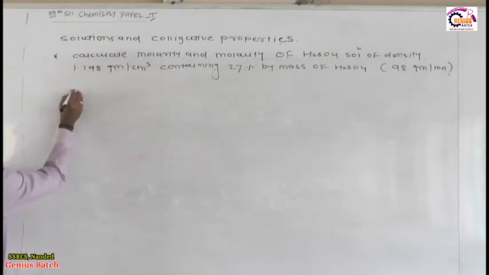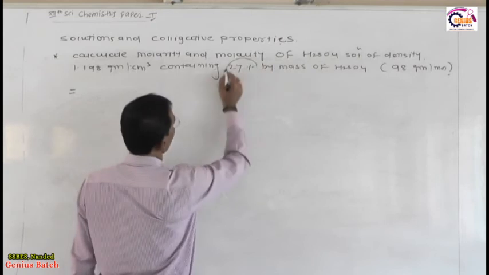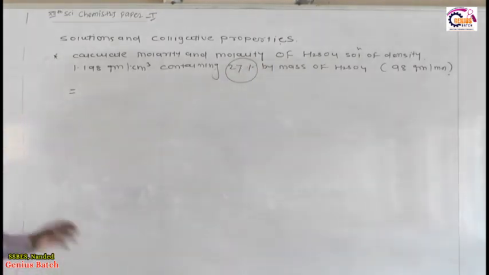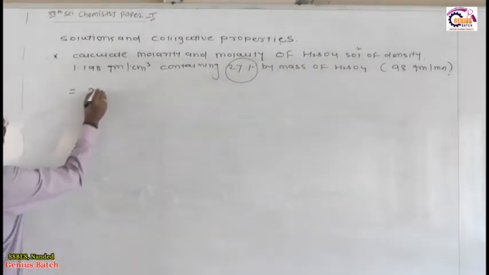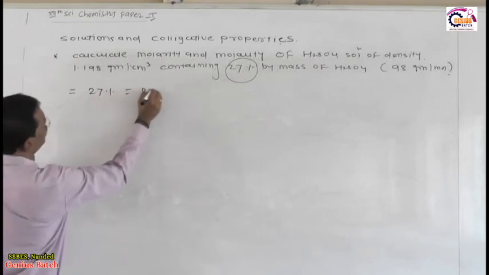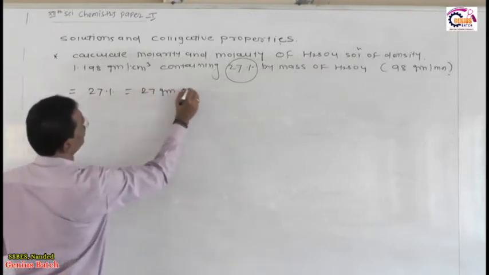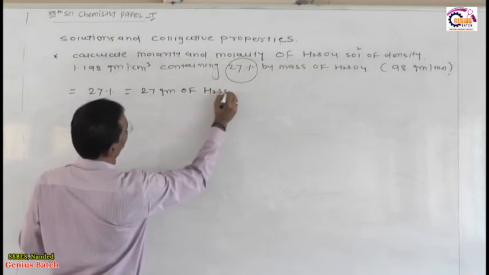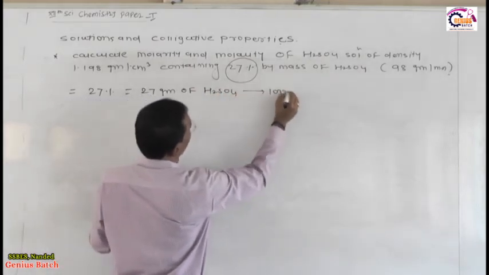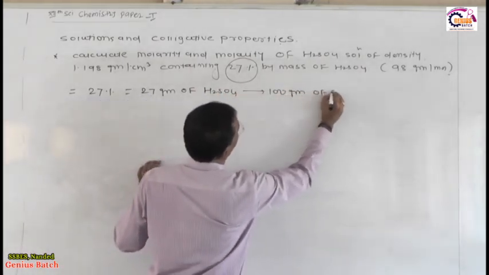Now listen very carefully, these are the important things. They are given 27% by mass of sulfuric acid. What does this 27% indicate? 27% means 27 gram of H2SO4 present in 100 gram of solution.